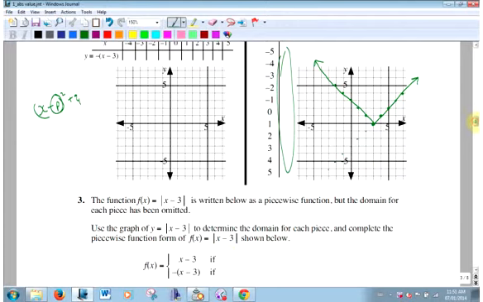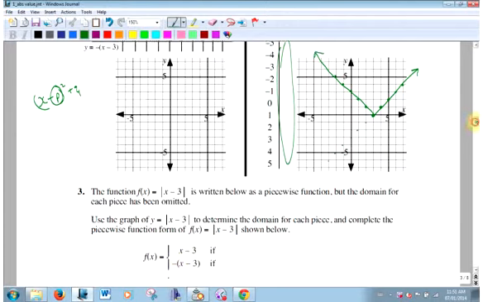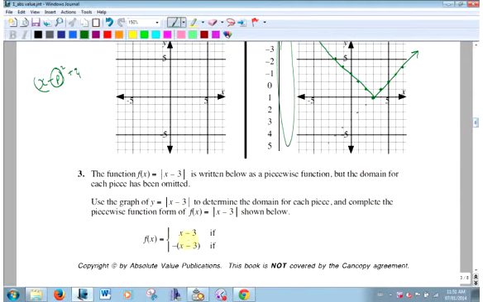So it is just x minus 3 if this function is positive. If the function's positive, if I get a positive output, again, those lines mean nothing. If it's less than 0, I have to take the negative of the function.